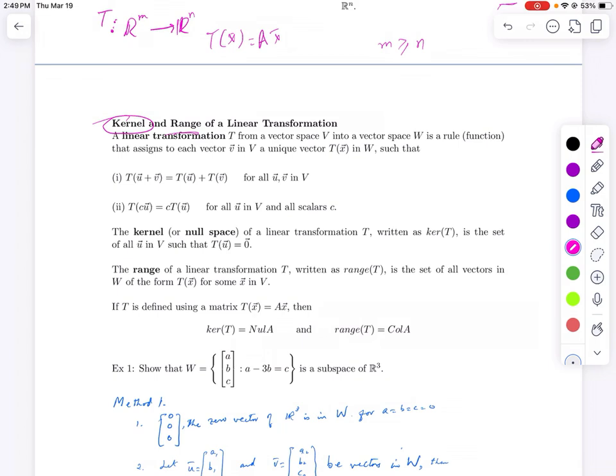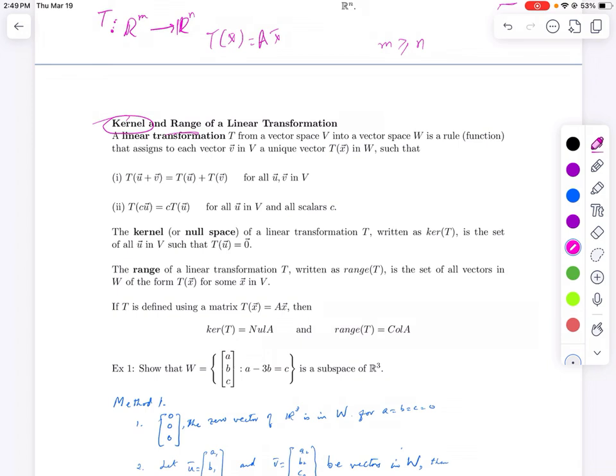The kernel of a linear transformation, written as ker(T), is the set of all u in V such that T of u is equal to 0. So all the vectors in V that are mapped onto the zero vector of W are in the kernel of that transformation.